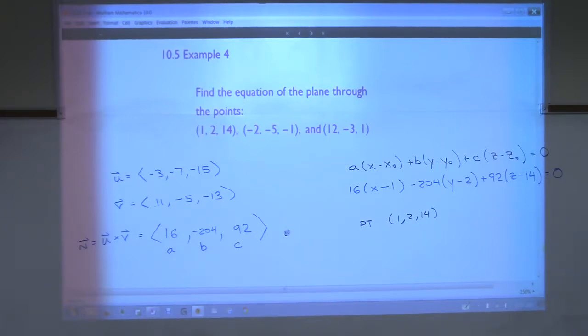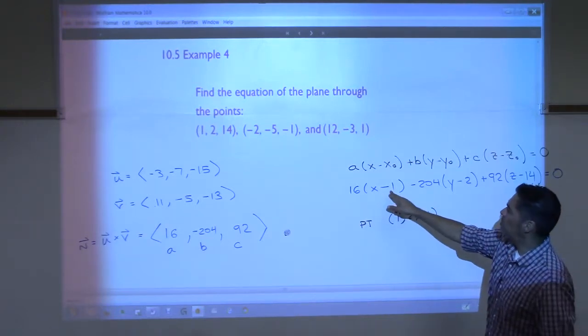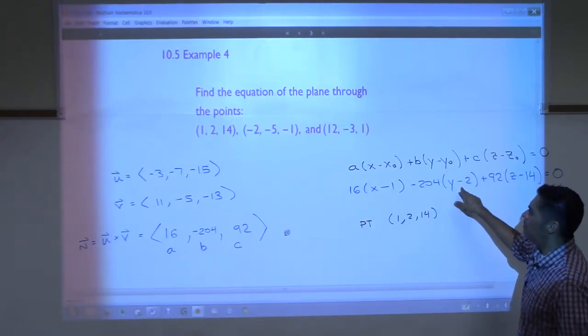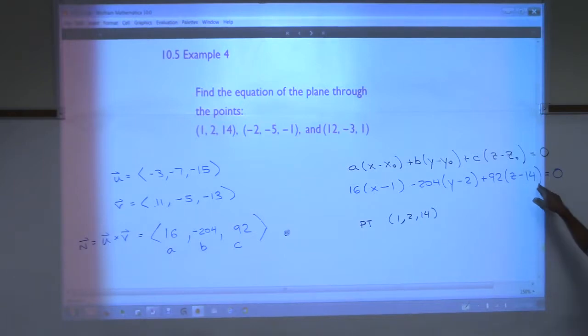So you can pick any point on that. Any point, yeah. We could have used x plus 2, y plus 5, z plus 1, and those will be your initial points for that equation. It'll give you the same equation.